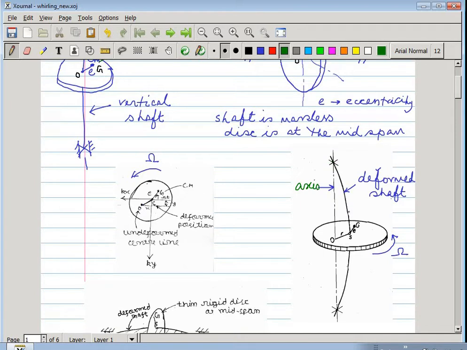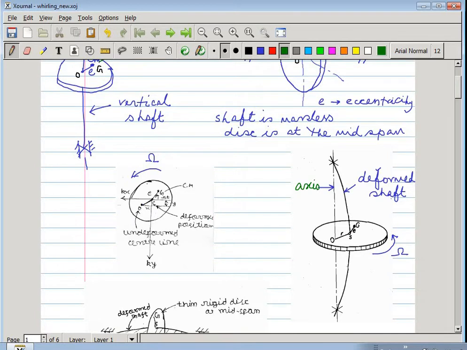But the shaft has deformed like this, and the location on the shaft where the disc is mounted is S. So OS is the deformation of the shaft at the location of the disc, and SG is the eccentricity.